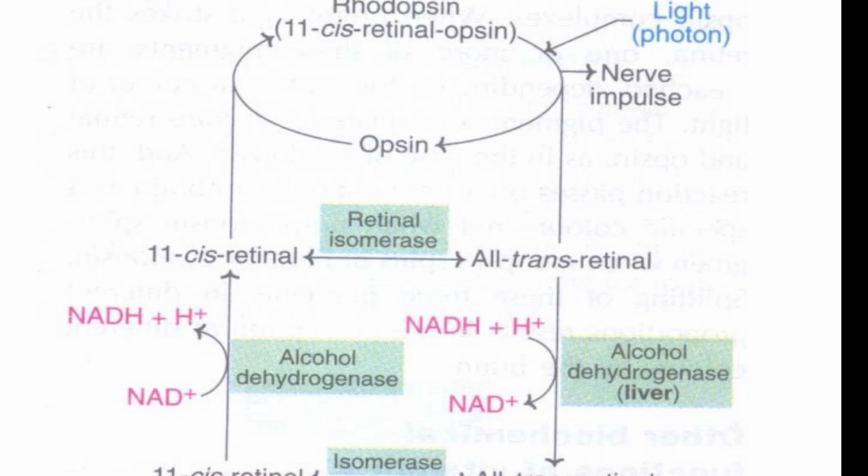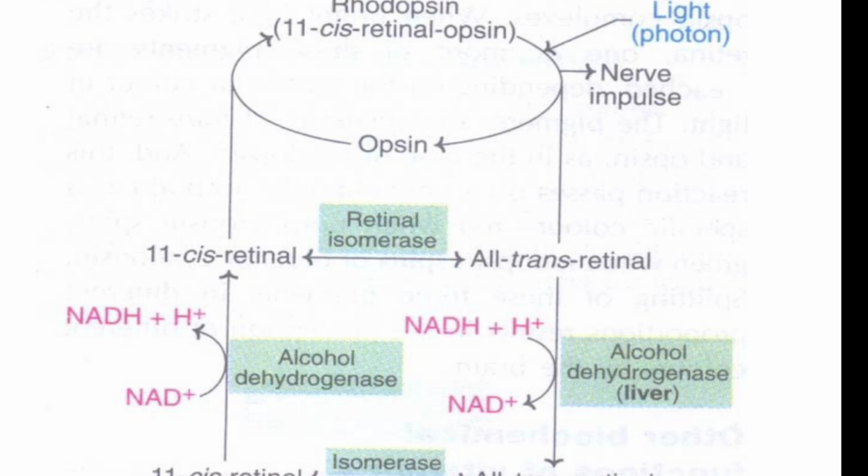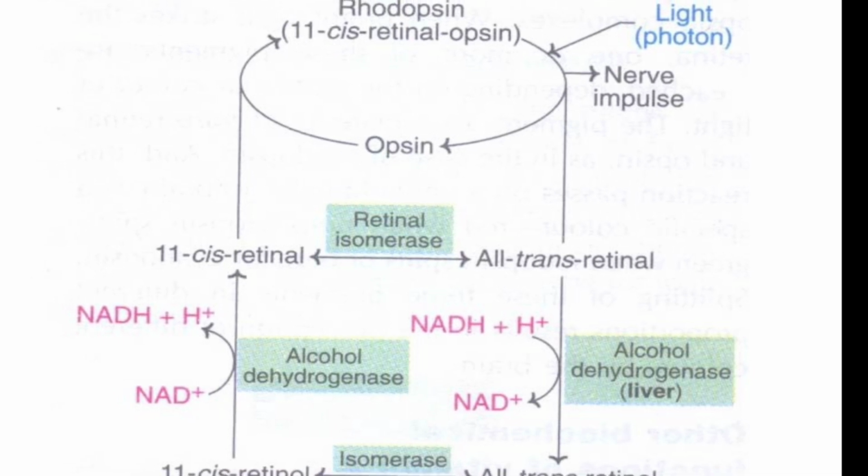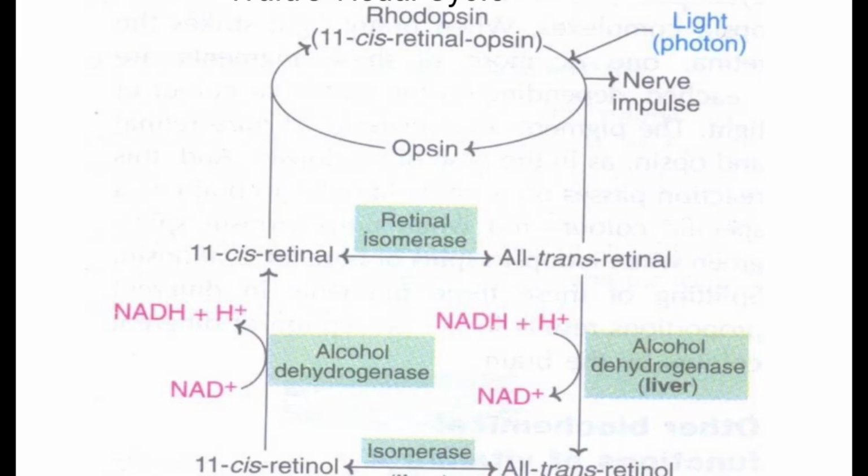So all-trans retinol plus opsin gives rhodopsin, and this 11-cis retinol plus opsin is rhodopsin. So there is a regeneration of rhodopsin there.